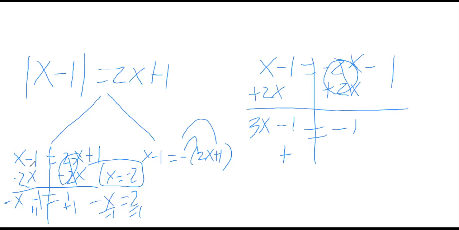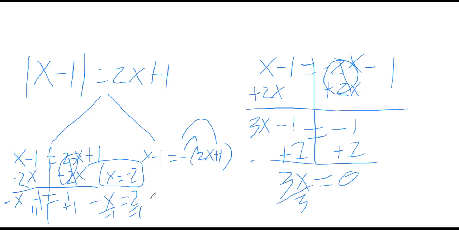And we're going to add 1 on both sides. We should have 3x equals 0. And well, we can divide both sides by 3, but x is still going to be equal to 0.